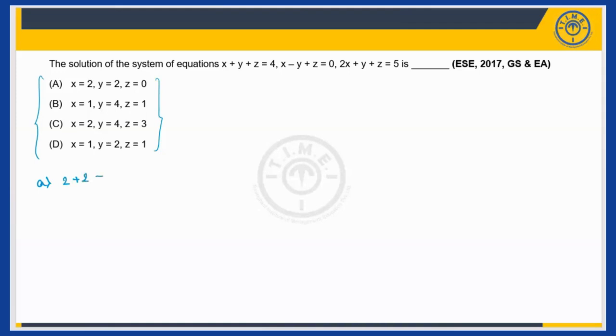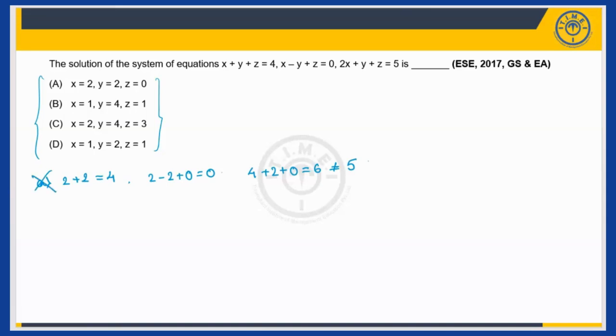So that is 2 plus Z plus 2, that is 4. First equation is satisfied. What about the second? 2 minus 2 plus 0. So that is 0. So the second equation is also satisfied. And this is 4 plus 2 plus 0, which is 6, which is not equal to 5. So option A is not the answer.